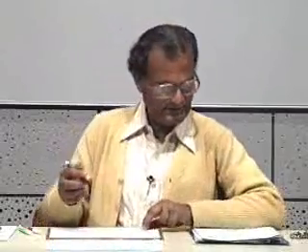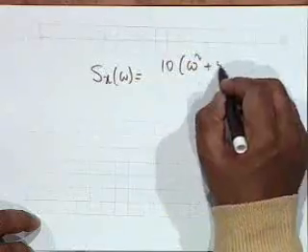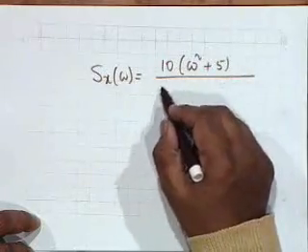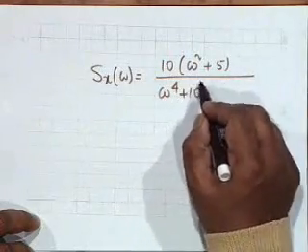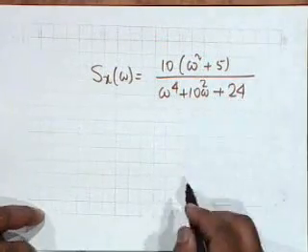We illustrate this with the help of an example. Suppose Sx of omega equals 10 times omega squared plus 5 divided by omega to the 4 plus 10 omega squared plus 24, let us say.